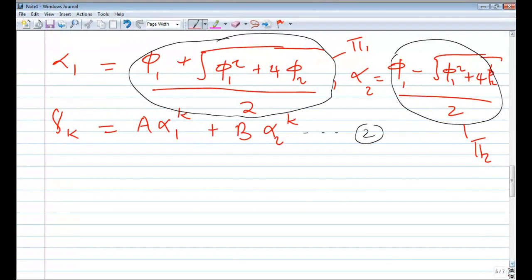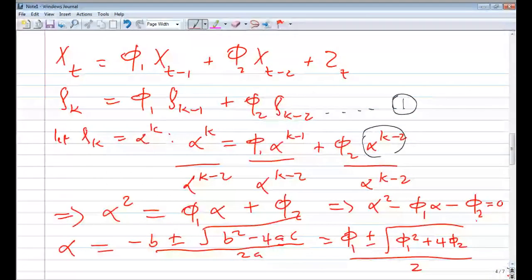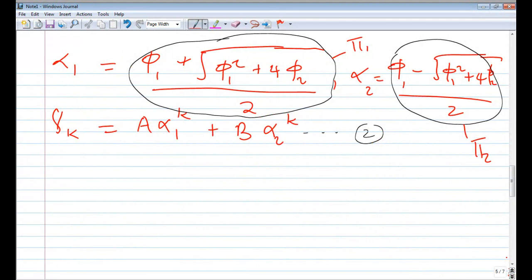Let me just go to equation number 1, like we are saying. Rho k equal to phi 1 rho k minus 1 plus phi 2 rho k minus 2. That's equation number 1. Are we together? Then equation number 2 is this one. So then I simplified alpha 1.